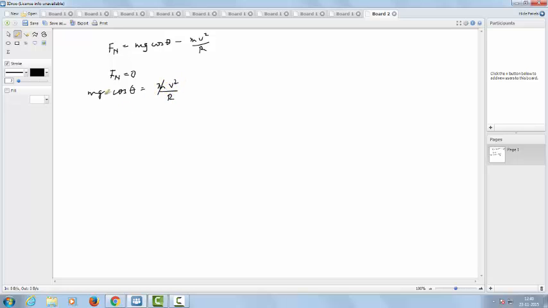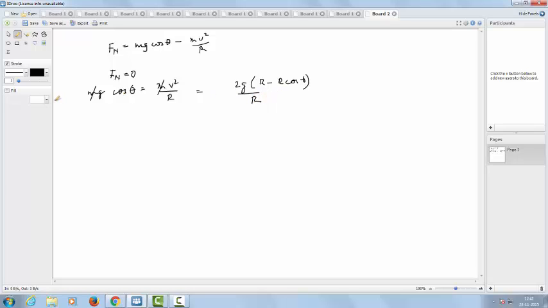So we can cancel m from both sides, and we can use the expression for v from equation 1. So that gives us twice g times (r minus r cosine theta), divided by r.